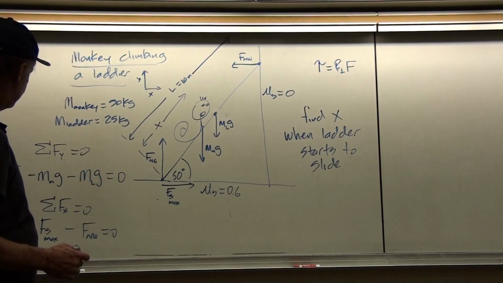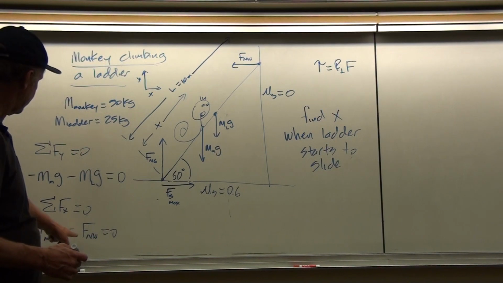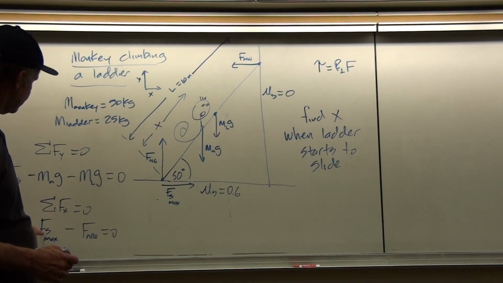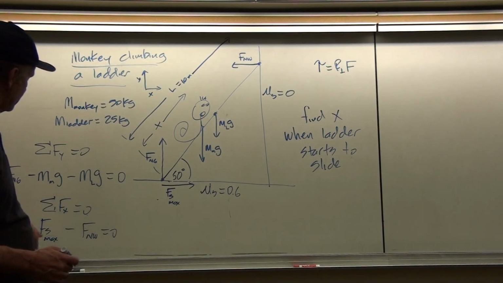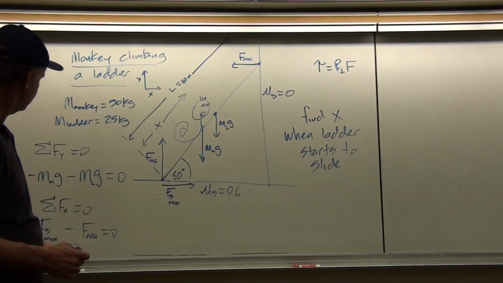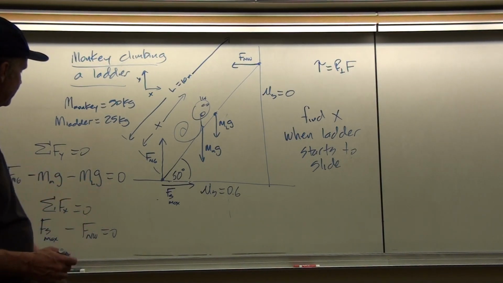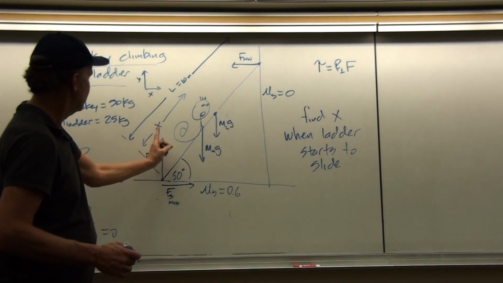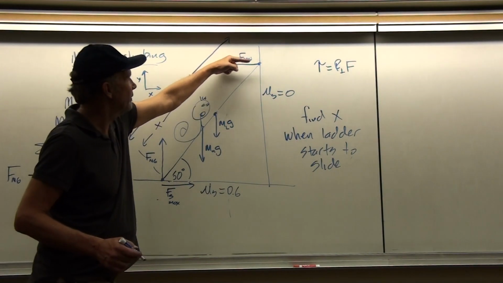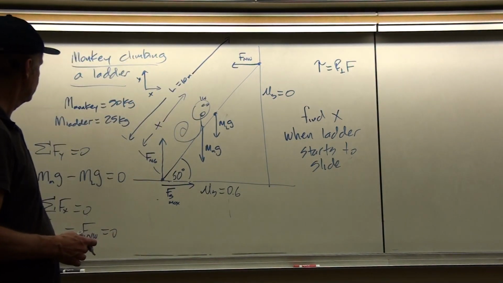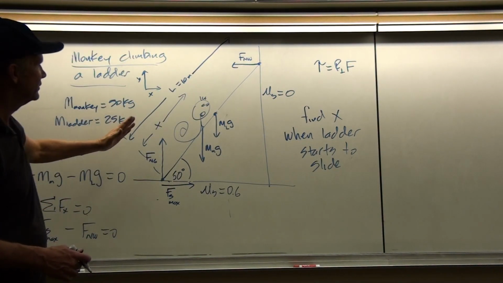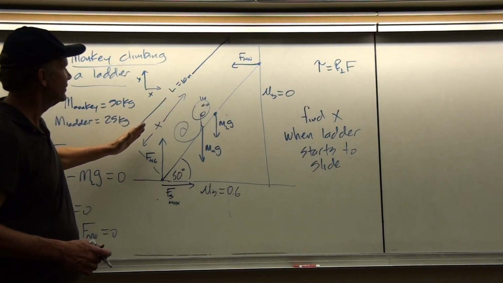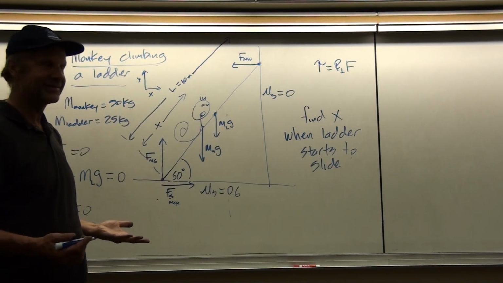And then once you have that, you can get the F normal wall, because this is the coefficient of static friction times F normal ground, minus F normal wall is 0, and you have F normal ground from the first equation. So you can get the static friction force, the normal force from the ground, and the normal force from the wall from the two force equations. But that doesn't get us any closer to solving for x.